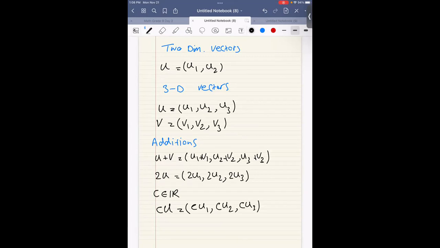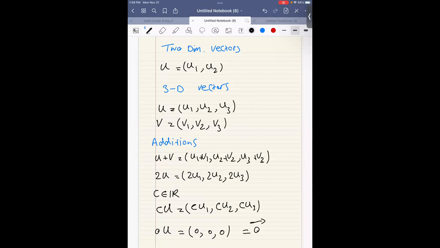In particular, 0 times any vector u is the 0 vector. Remember, the 0 vector is different from 0 as a number, because numbers only have one component, like 1, 2, 3, but vectors have several components. It's like a list.